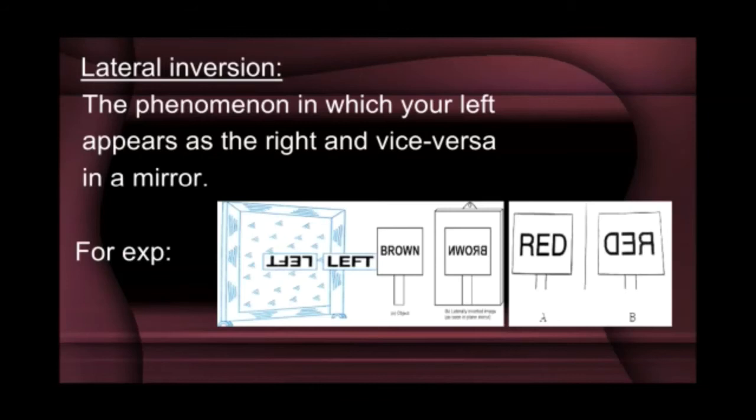Lateral inversion: the phenomenon in which your left appears as the right and the right appears as the left in a plane mirror. You can see the lateral inversion with the help of the given diagram.